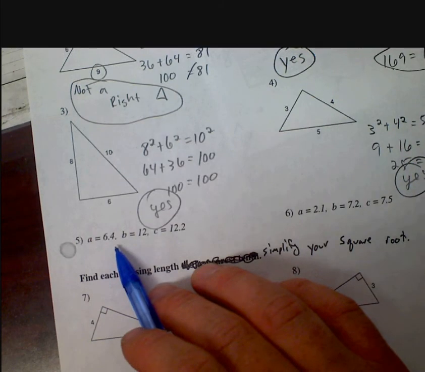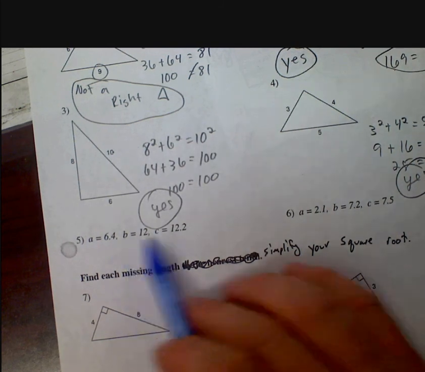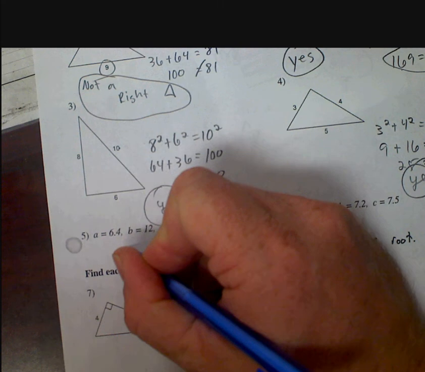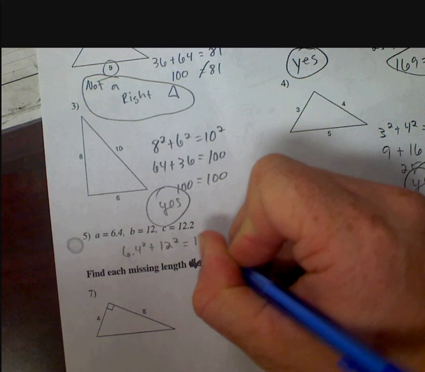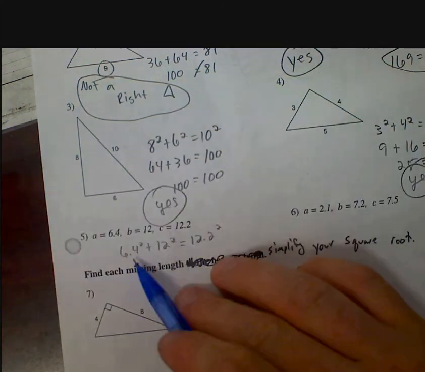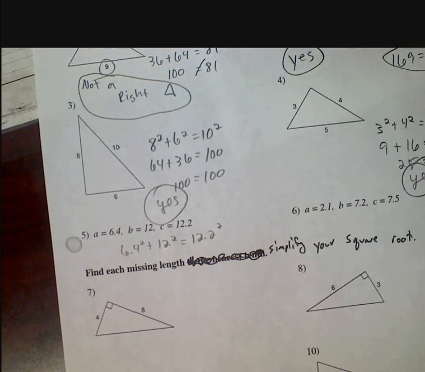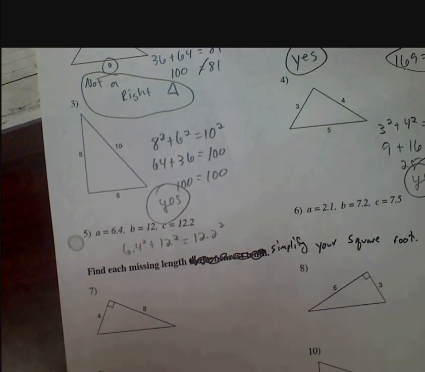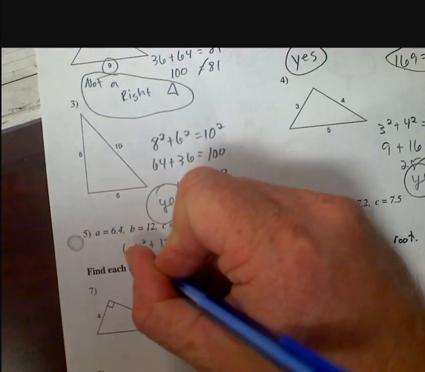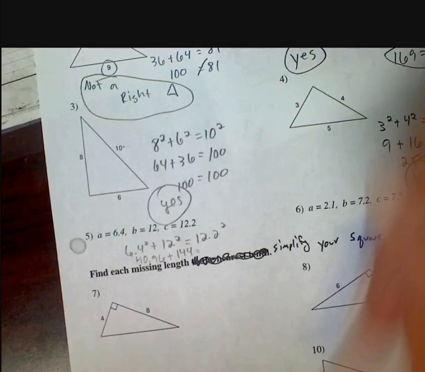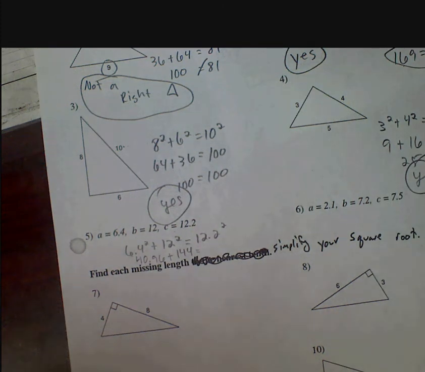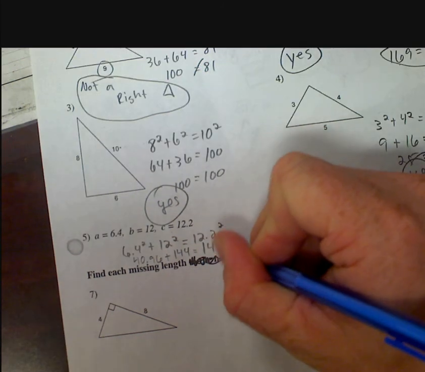Number 5, I will go ahead and do with you. Number 5 has decimal numbers, so it's the same thing. We would have 6.4 squared plus 12 squared equals 12.2 squared. It'll take a while for us to do this by hand, so I will allow you to use a calculator on this problem. So we have 6.4 times 6.4, we have 40.96. 12 squared we know is 144. 12.2 times 12.2 gives us 148.84.